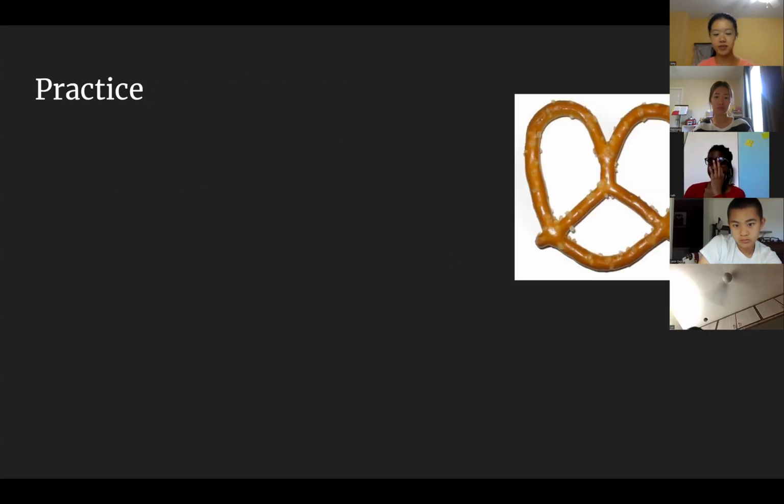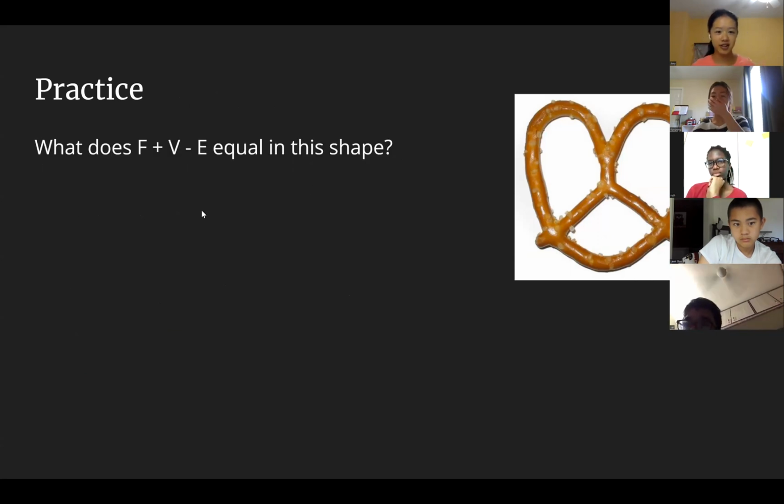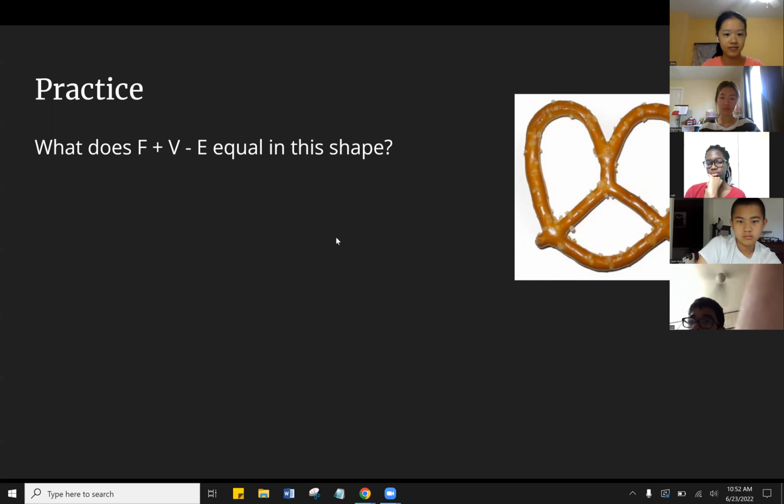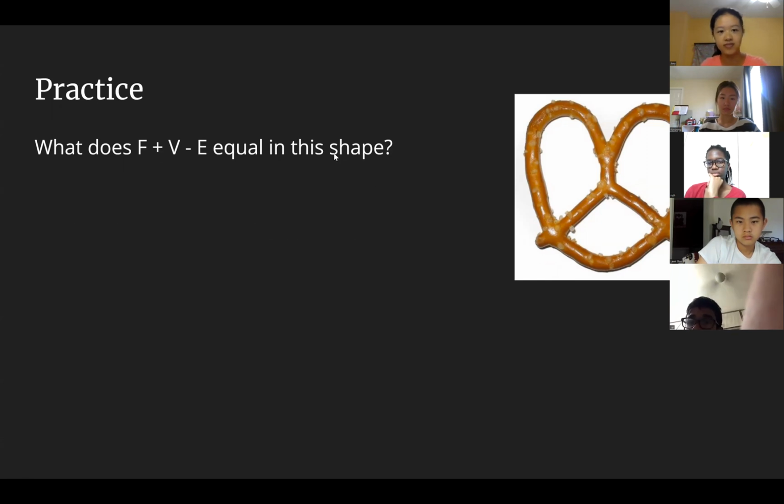So here's another shape that you've probably seen before. So what would Euler's characteristic be in this shape? Yeah, so this is a pretzel.